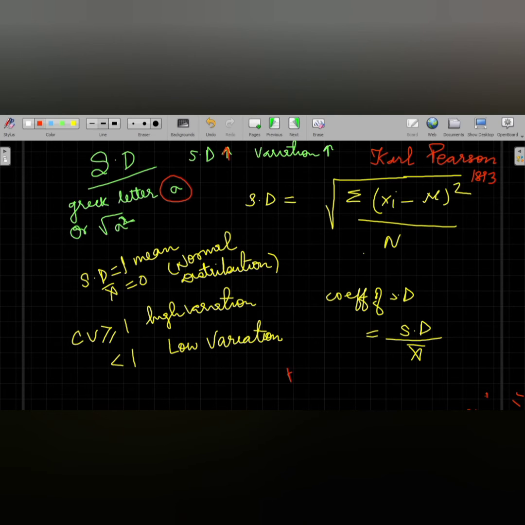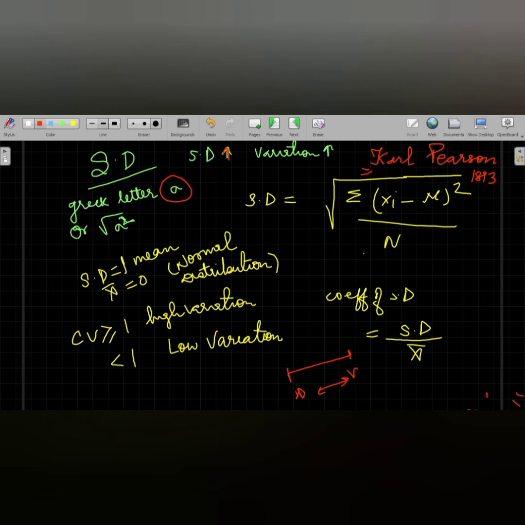If the value of standard deviation comes less, then there will be less variation. The same happens with the variance also.